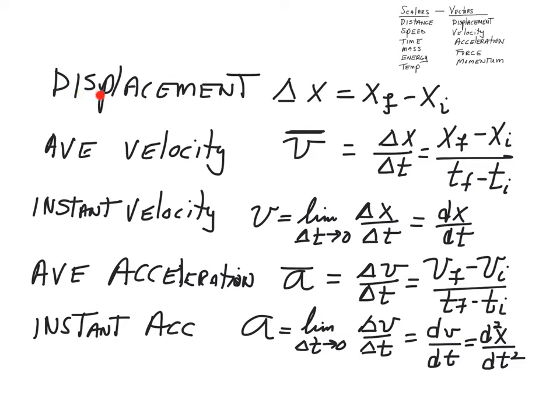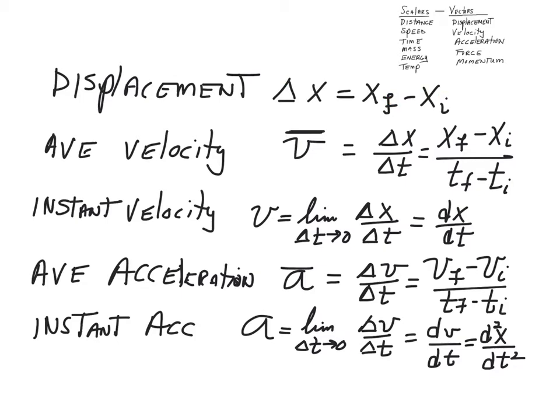So in physics, definitions are often equations. So let's go to the first term, displacement. This is the equation, but I'm going to read it to you and say it in a different way. So delta x equals x final minus x initial.